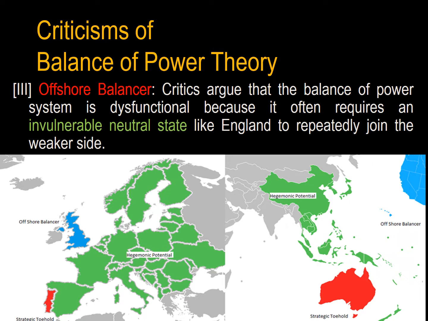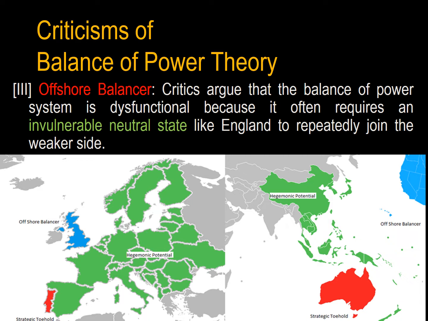A criticism of the balance of power theory is that it often requires an invulnerable offshore balancer. And without it, the system would become dysfunctional because you would end up with hegemony achieved on the mainland.